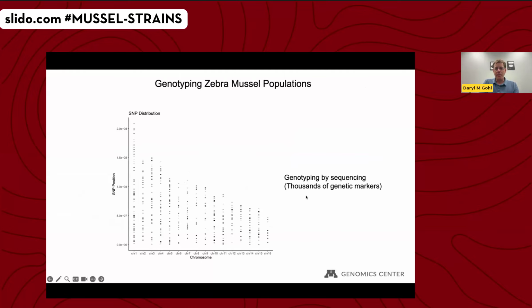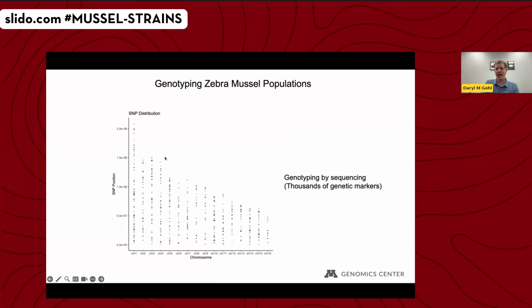When we carry out this process of isolating small regions of the genome, sequencing them and looking at the genetic markers, this is a map of where we find these variants along the 16 chromosomes of zebra mussels. These chromosomes are numbered in order from the biggest chromosome to the smallest.